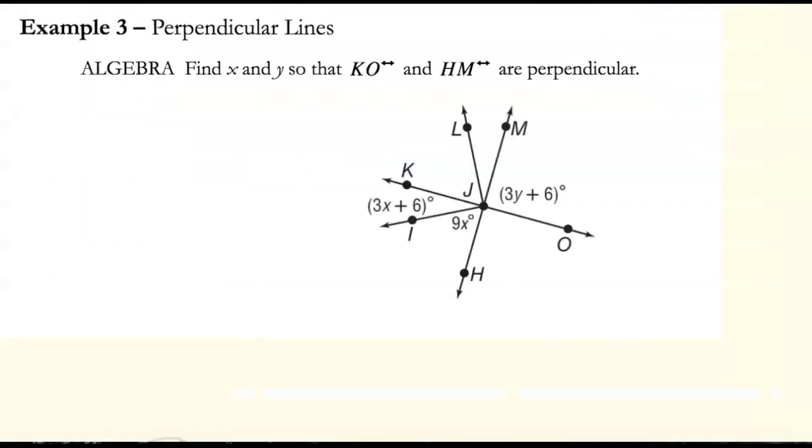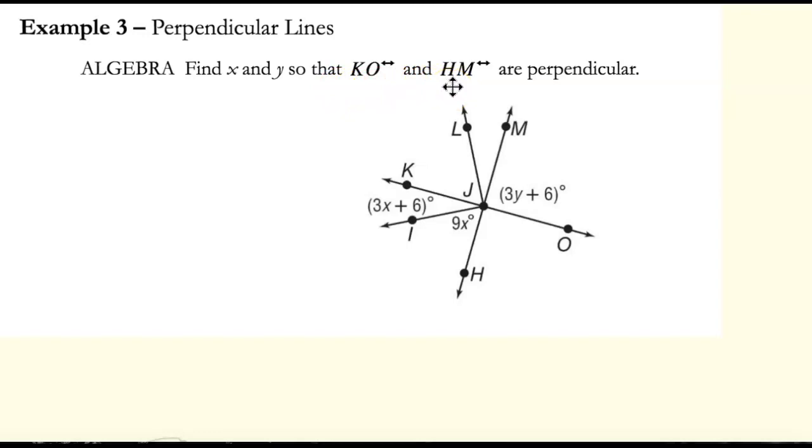In that case we are going to use some things about being perpendicular and some algebra to solve problems. It asks us to find x and y so that KO and HM are indeed perpendicular. So we have to figure out where our lines are.